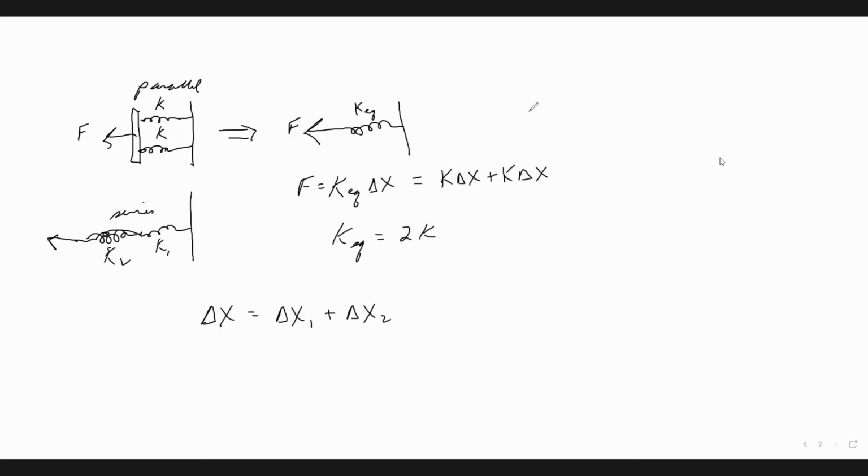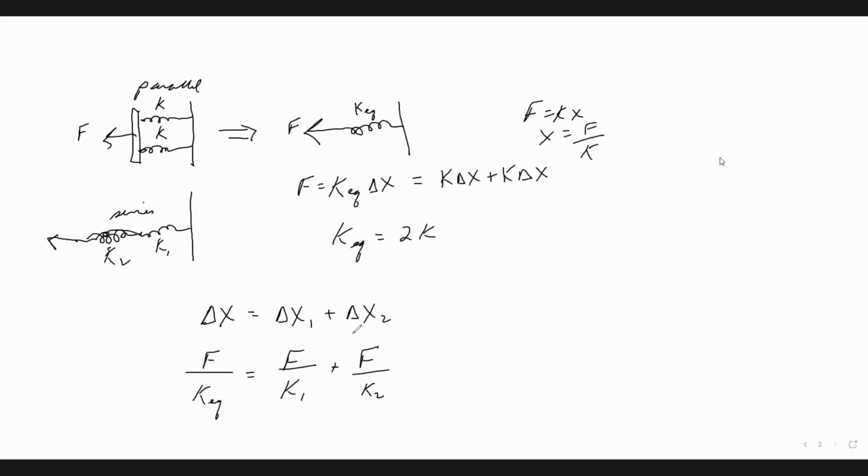Well, from the force law, F equals Kx, well, x is equal to F over K. So here, for this delta x, I have F divided by K equivalent equals, well, here I have F over K1 plus F over K2.